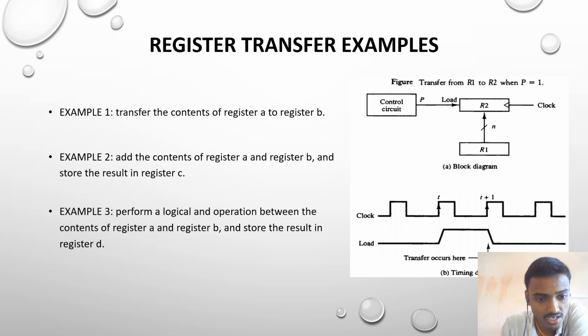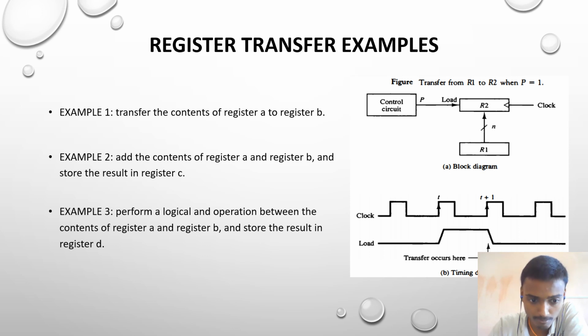Second example, add the contents of register A and B and store the result in C. Let us take an example of R1 and R2. In order to perform a micro operation between two registers, A and B, or R1 and R2, the resultant is stored in another register R3 or C. Next, perform a logical AND operation between the contents of register A and B and store the result in register D. Here we did the arithmetic operation.